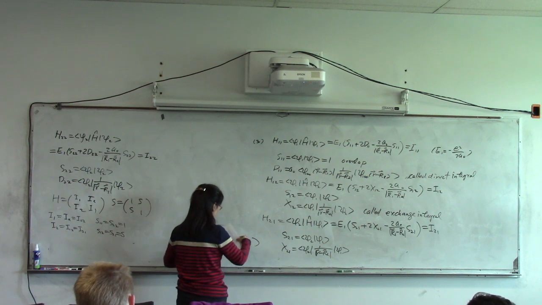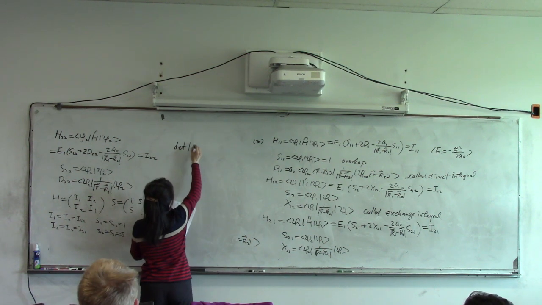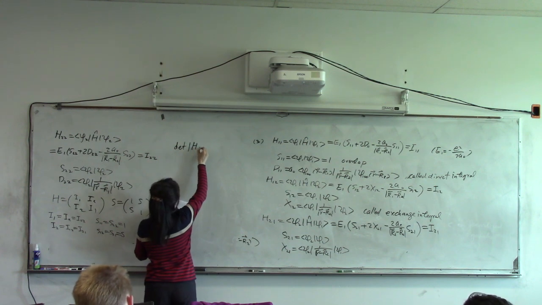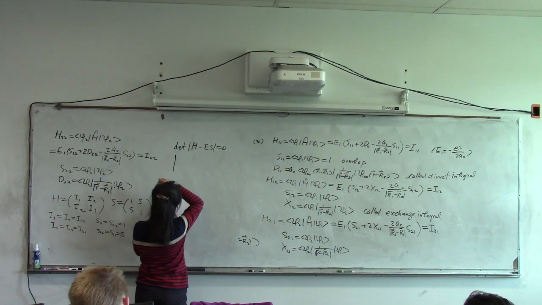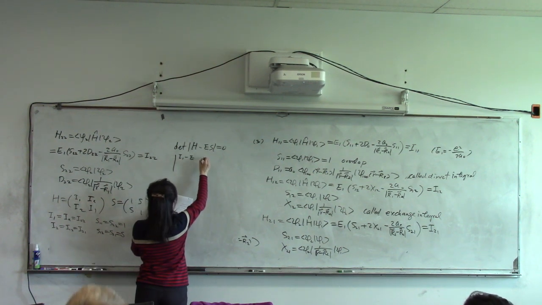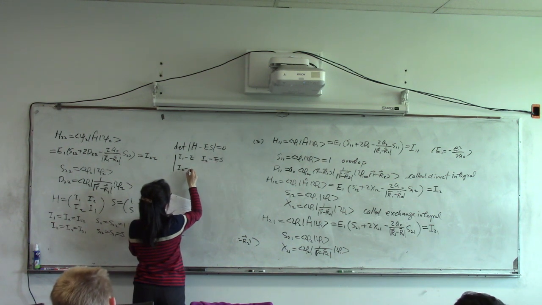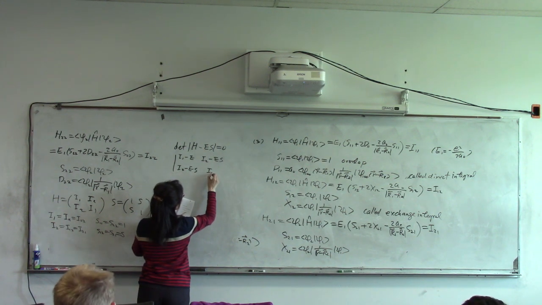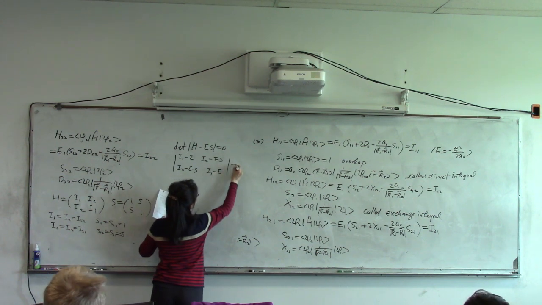So we are going to first solve the eigenvalue problem, right? We are going to take the determinant of H minus E S equal to 0. So that is I1 minus E, I2 minus ES, I2 minus ES, and I1 minus E equal to 0, right?